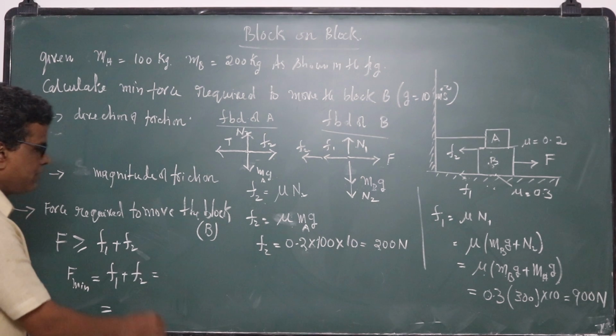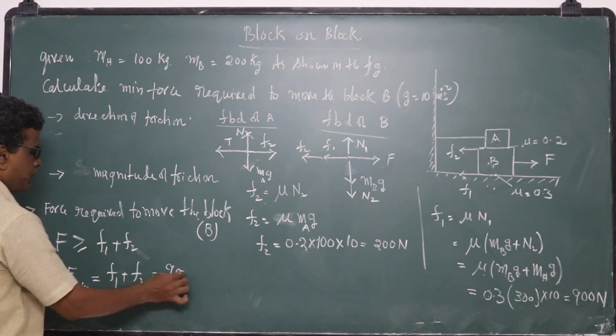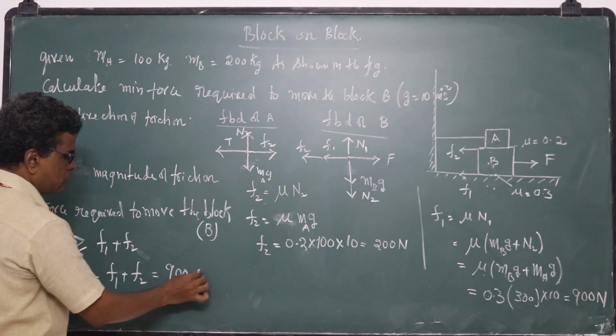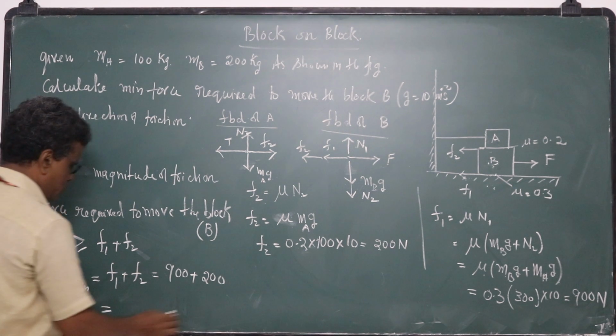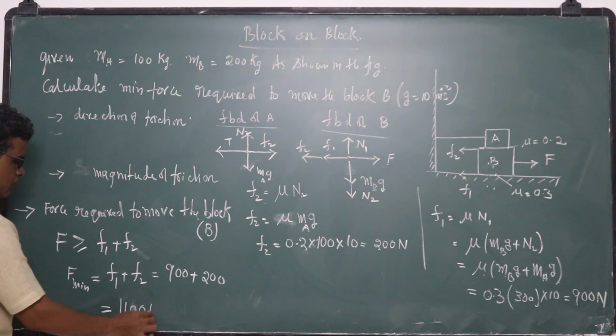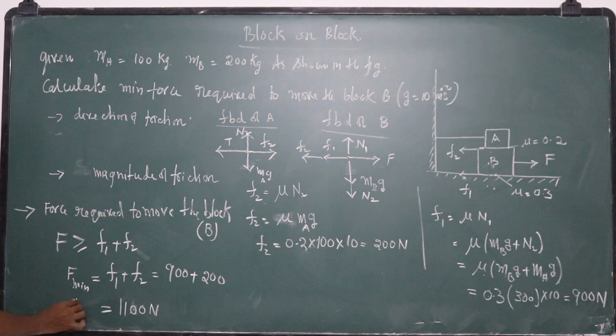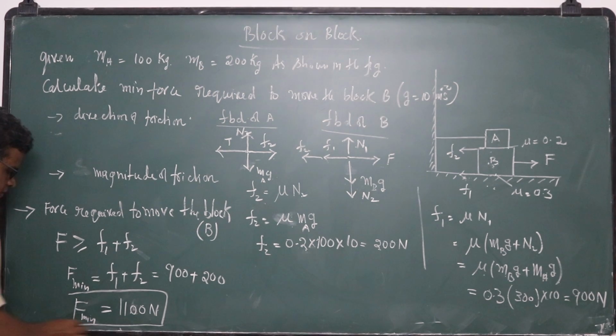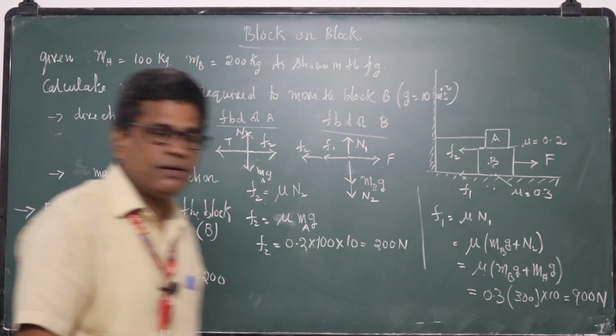F1 is 900 plus F2 is 200. So total 1100 newtons. So the minimum force required to move the block is 1100 newtons. Okay, clear? Take this.